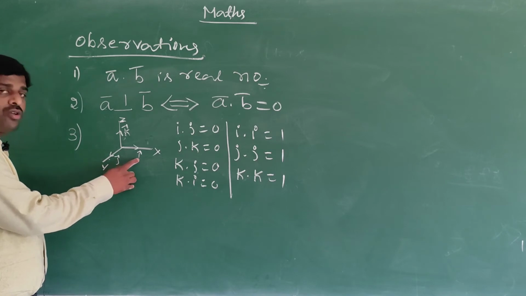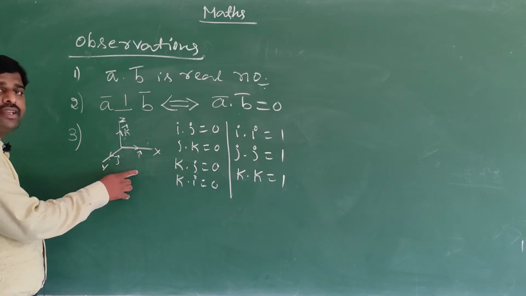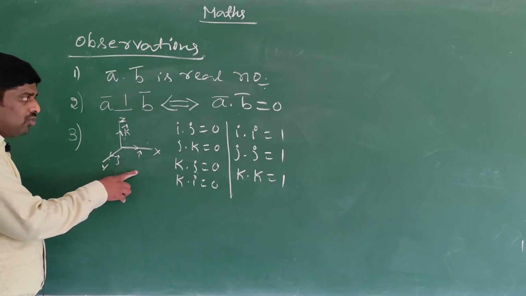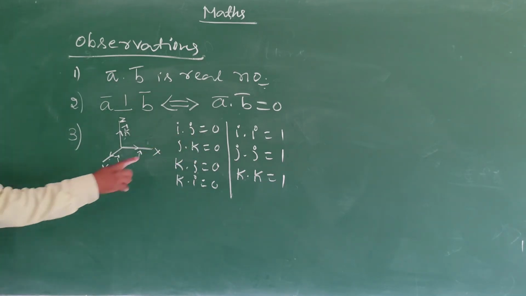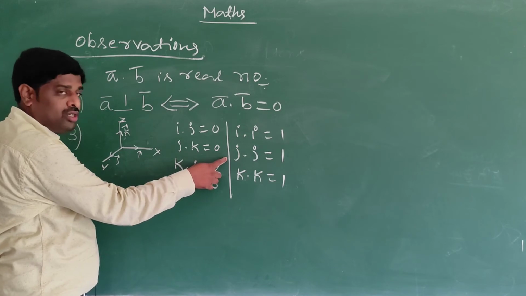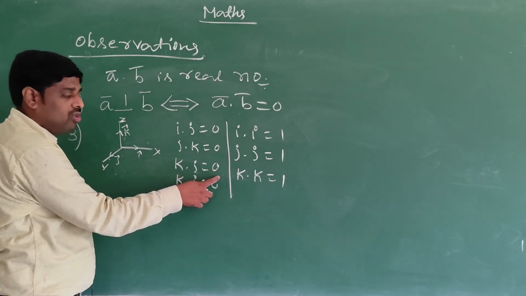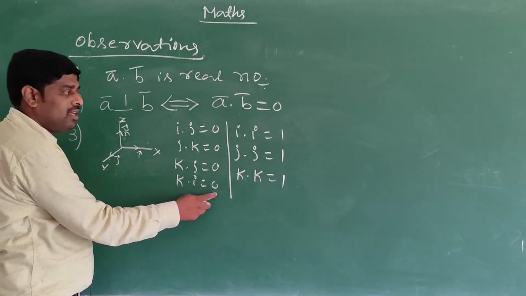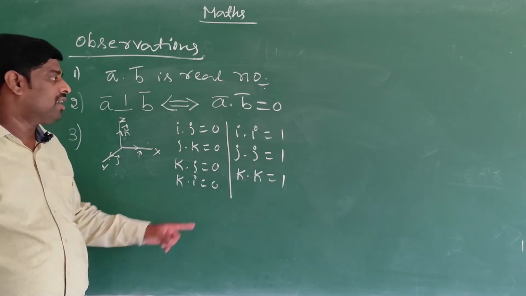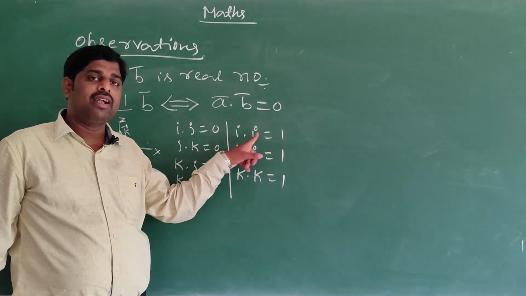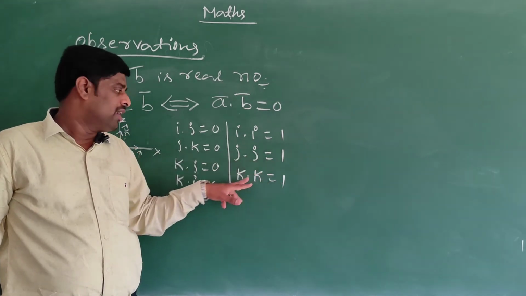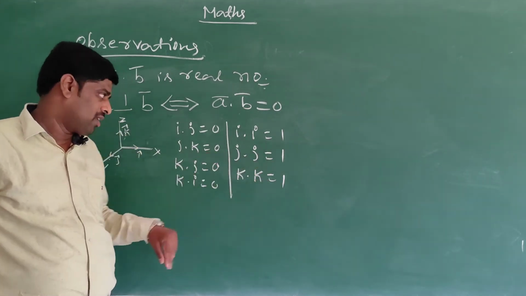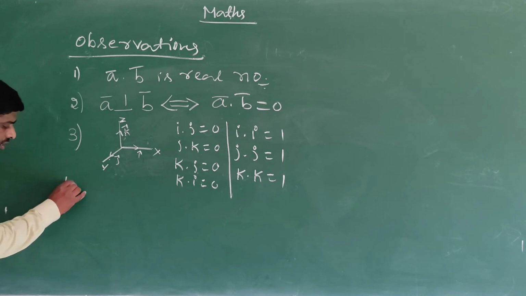So the angle is 90 degrees, cos 90 is 0, so i dot j equals 0. Similarly, i dot i is how much? 1. j dot j is 1. k dot k is 1. Now come to the next point.